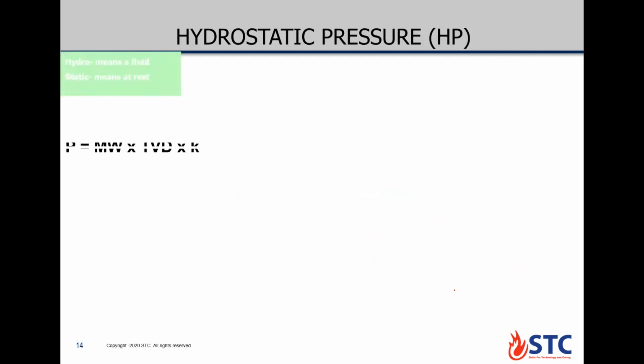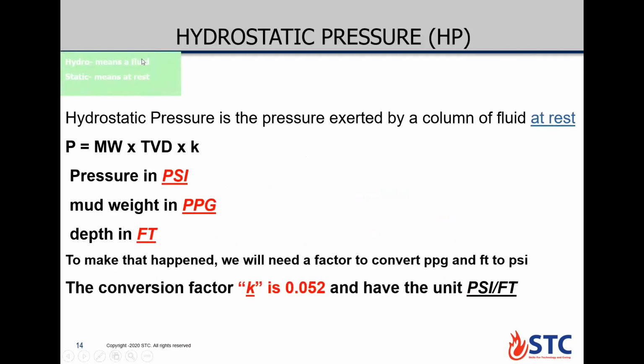For hydrostatic pressure, guys, hydro means fluid and static means at rest. So hydrostatic pressure is the pressure exerted by a column of fluid at rest. Hydrostatic pressure equals mud weight times TVD times a constant. So here the pressure unit is PSI, pounds per square inch, mud weight in ppg, and depth in feet.